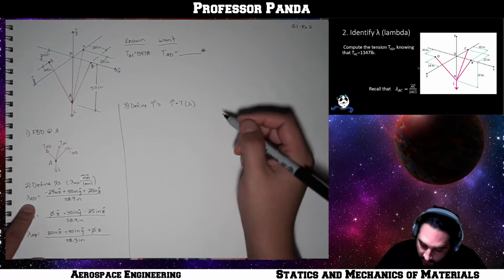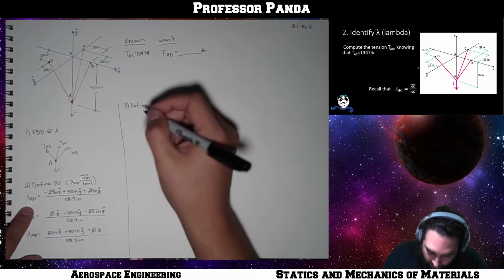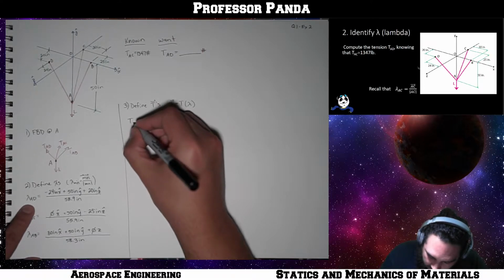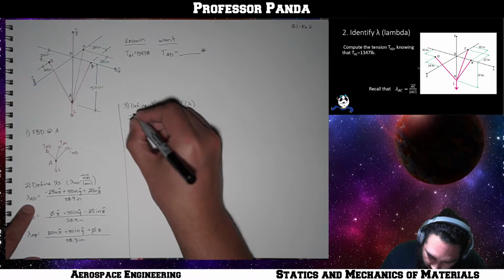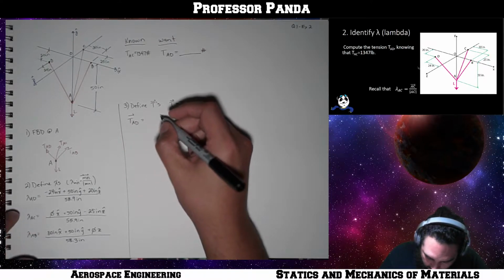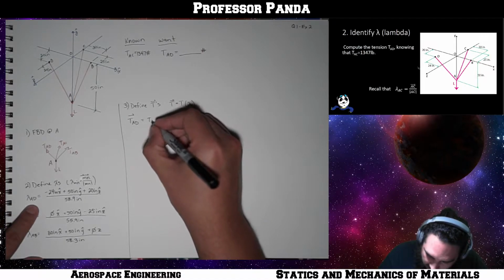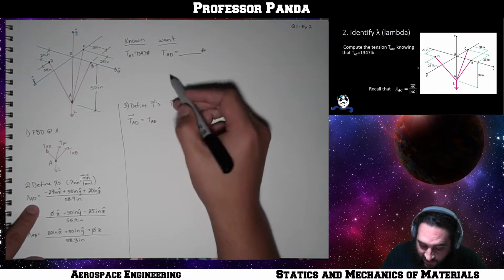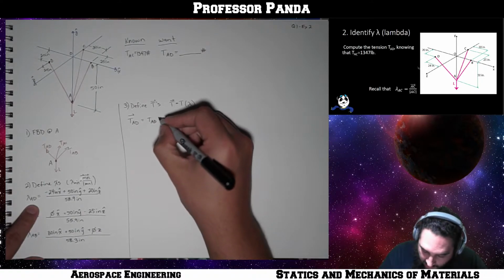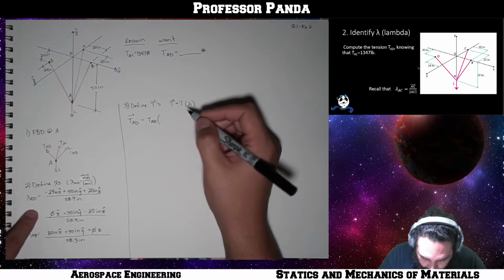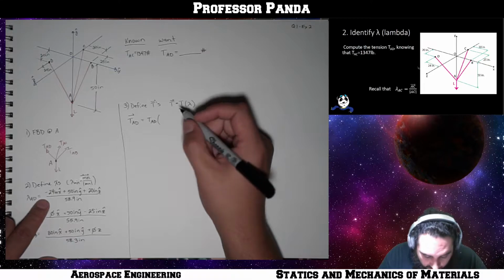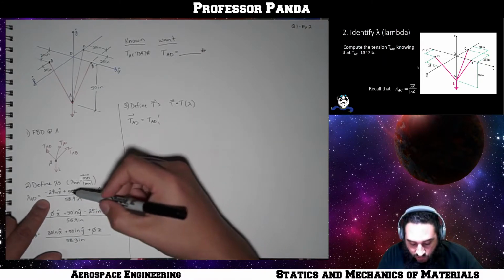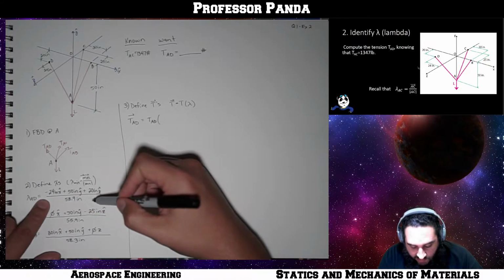Okay, so let's go ahead and start that with TAD vector is going to equal TAD, the magnitude, this answer is right here. Okay, and then we're going to multiply that by, and I'm going to go ahead and break these up into X, Y, and Z components.